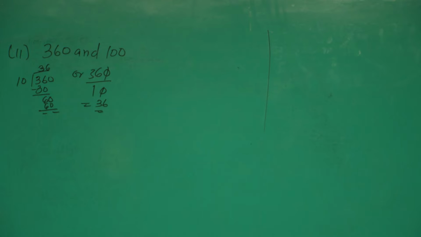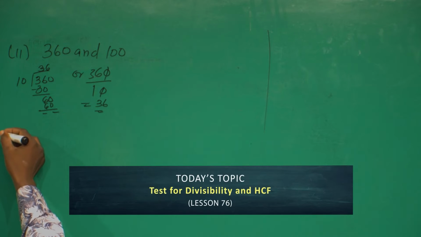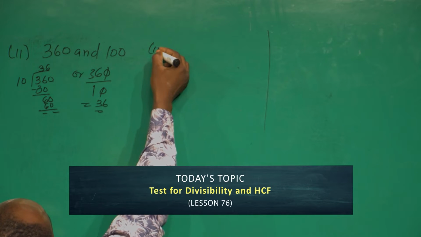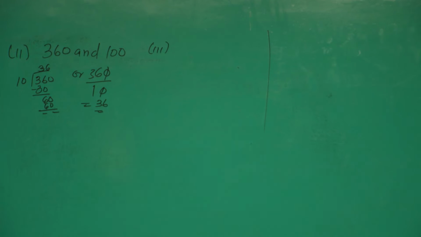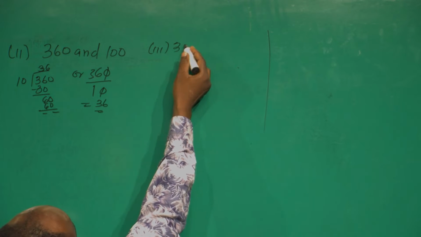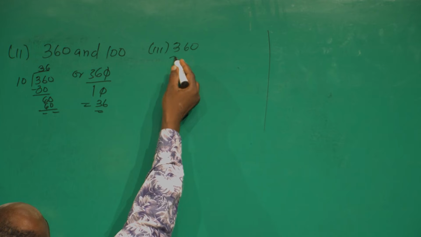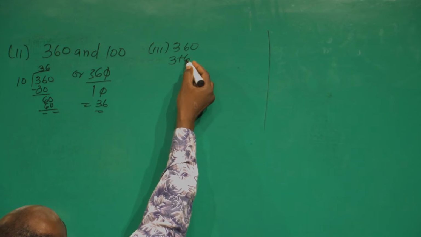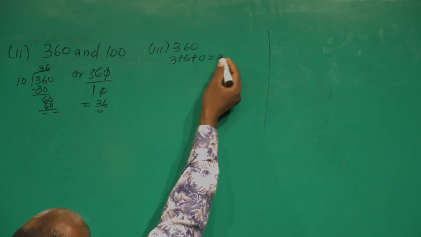Okay, so you go to 9. For 9, they said the sum of its digits is divisible by 9. So when we take 360, we get 3 plus 6 plus 0. Then we get 9.